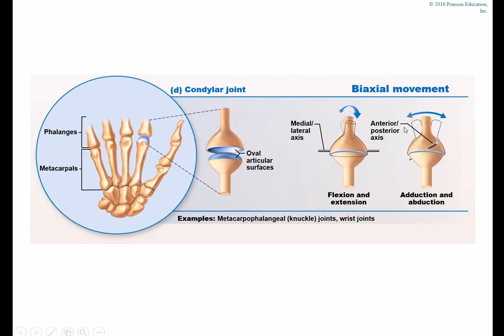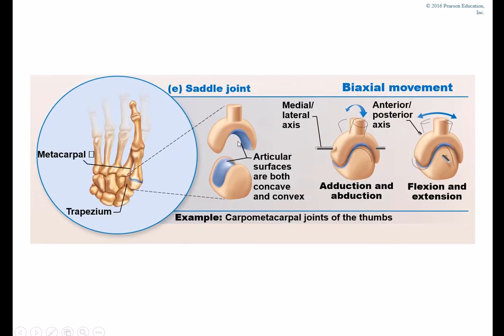Condylar joints are considered biaxial, so they can move in a medial lateral axis, and they can also move in an anterior and posterior axis. They essentially have 2 oval articular surfaces between both the bones, and one is slightly concave, the other one is slightly convex. Our wrist joints are condylar joints, our knuckle joints are condylar joints. The other biaxial joint is a saddle joint. It really is like putting a saddle on a horse.